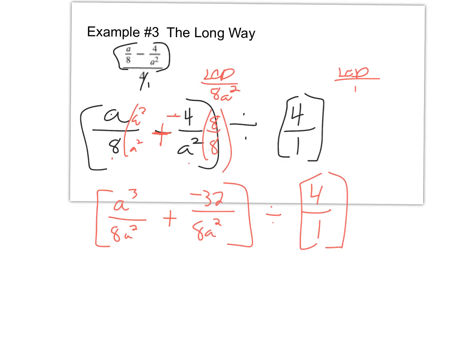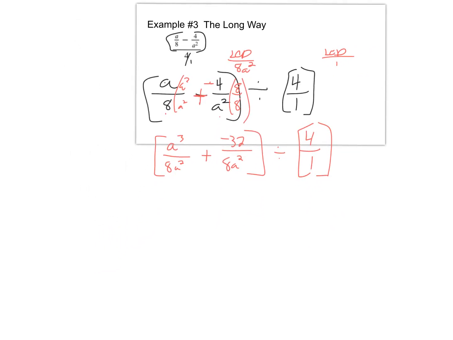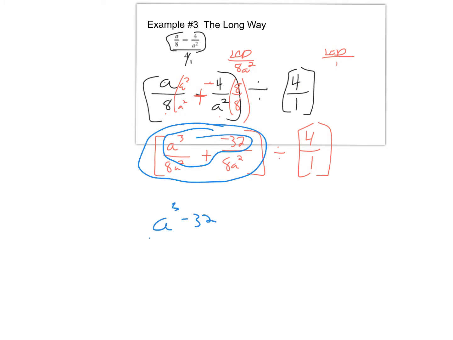All right, so let's shrink this down a smidge. All right, so let's combine like terms on this parenthesis here. So on the top, we're going to have a cubed minus 32 all over 8a squared, divided by 4 over 1.